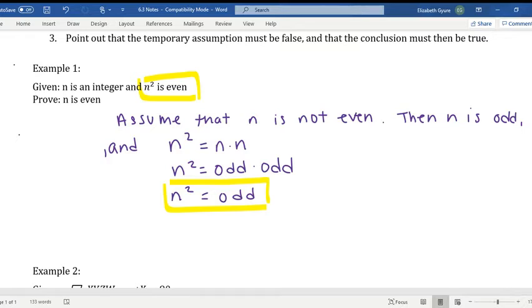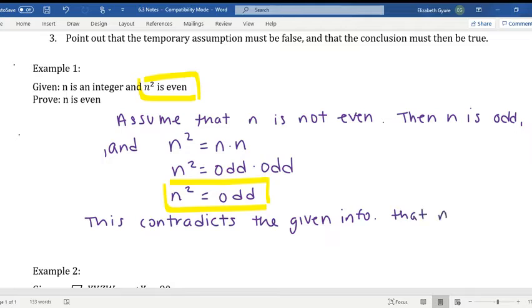So if we have that n squared is odd, we would then say this contradicts the given information that n squared is even.